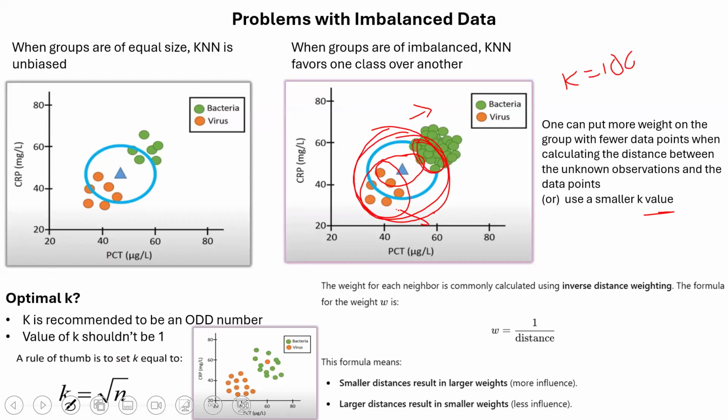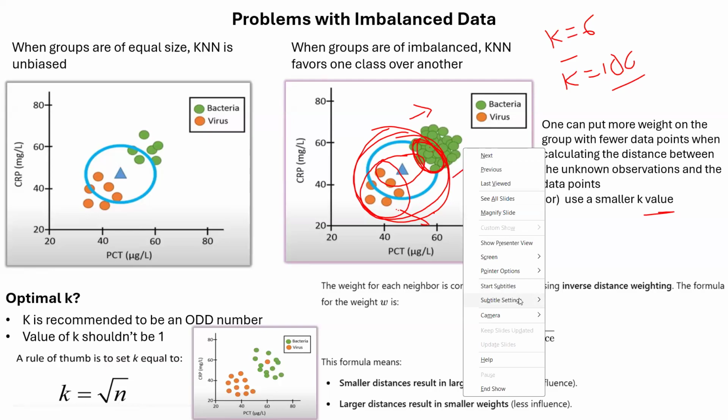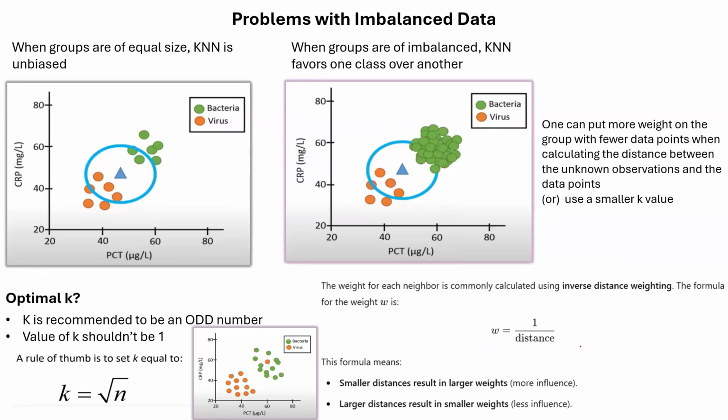As these points are just 5, when you go beyond k is equal to 6, the rest of the data points are always bacteria only, so you always classify the given point as bacteria, even if they stay far from the given point, right? So one way is to choose smaller k values.